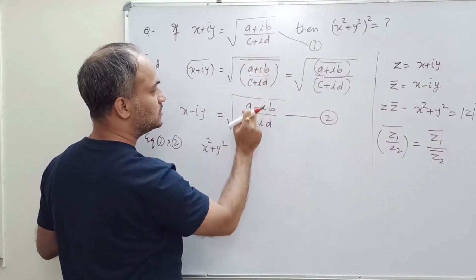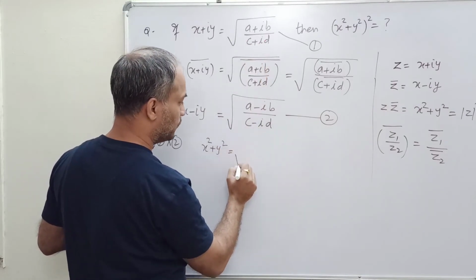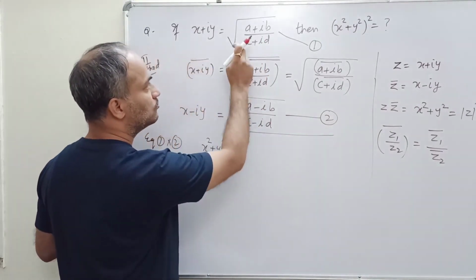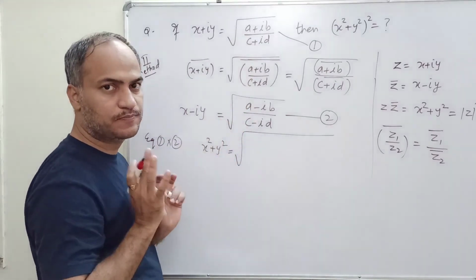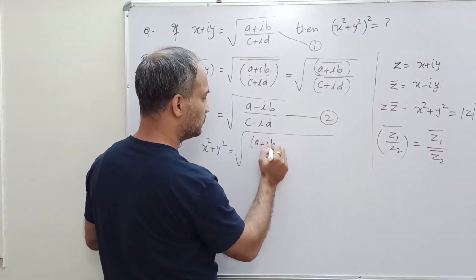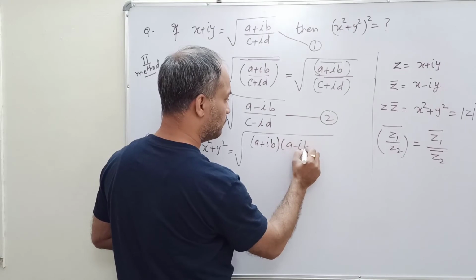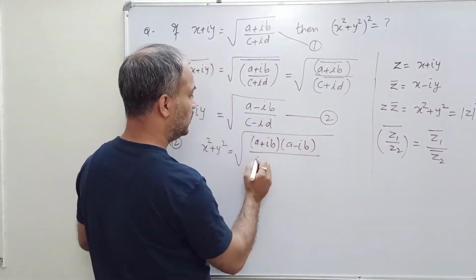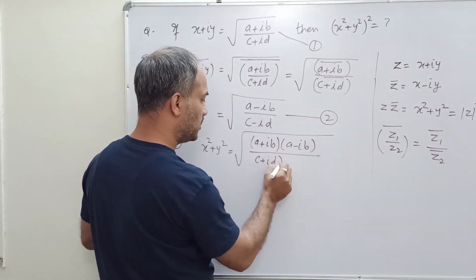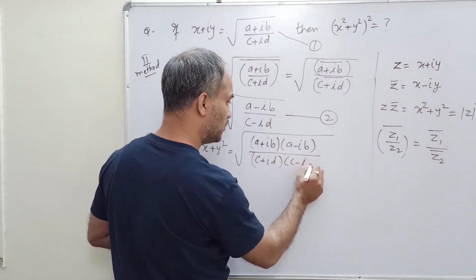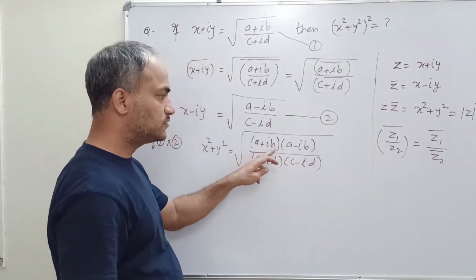Now in the RHS, the square root is there. So inside this square root, we get the product of these two terms. So a plus iota b, a minus iota b, and here it is c plus iota d and c minus iota d. So what is this product?